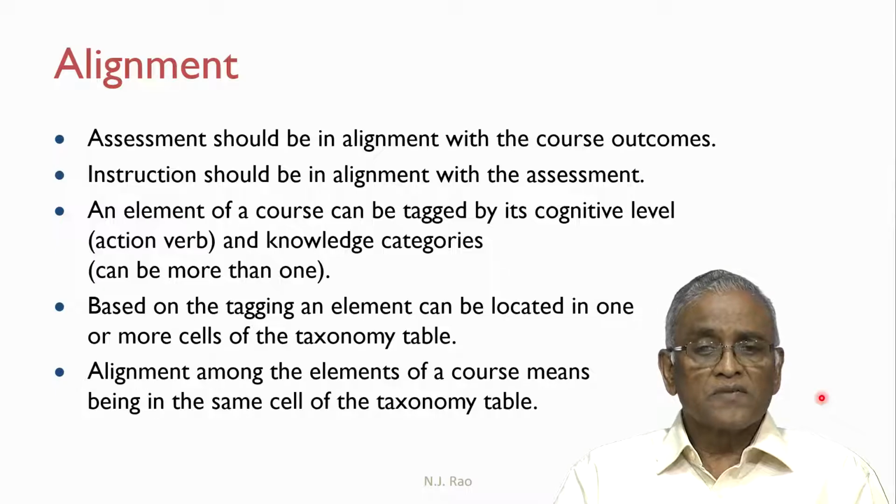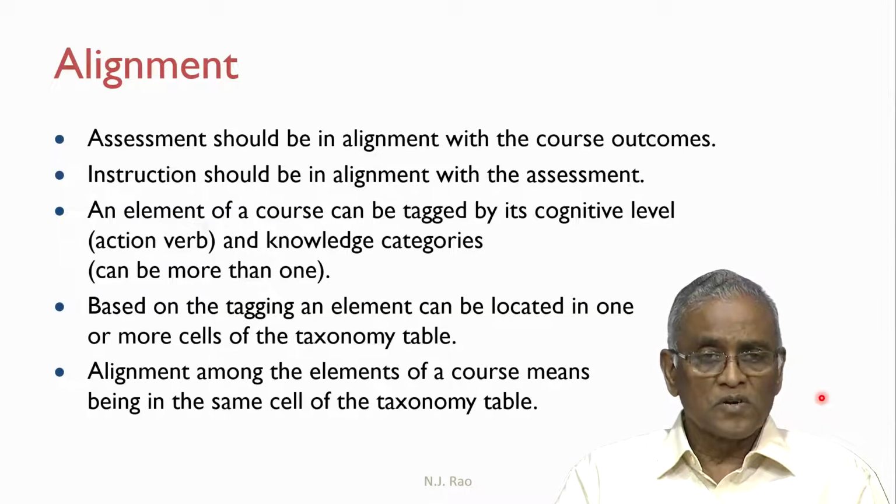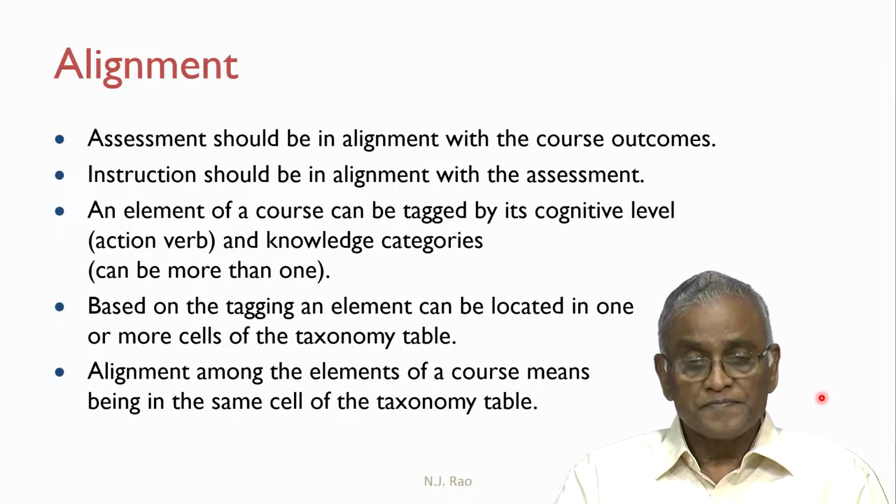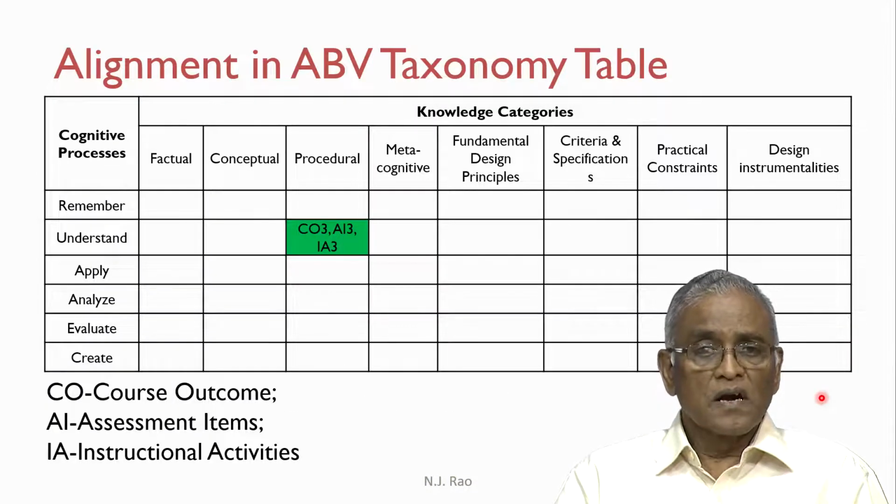Alignment among elements of a course means that I am putting all the 3 elements in the same cell of the taxonomy table. That is what we mean by alignment. Let us look at this.